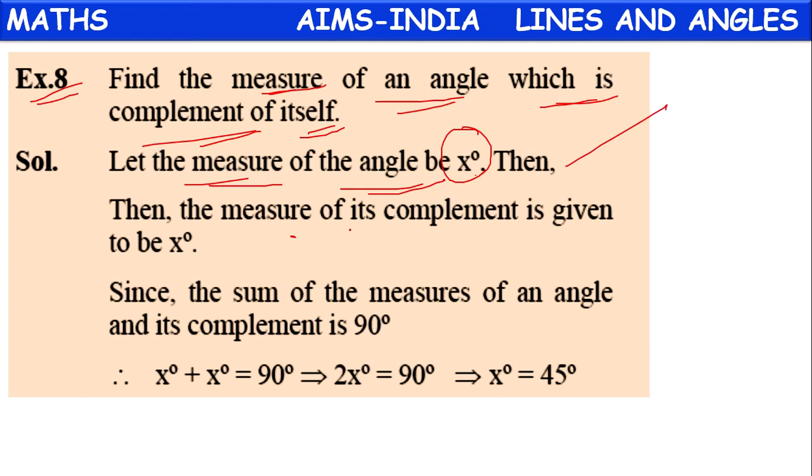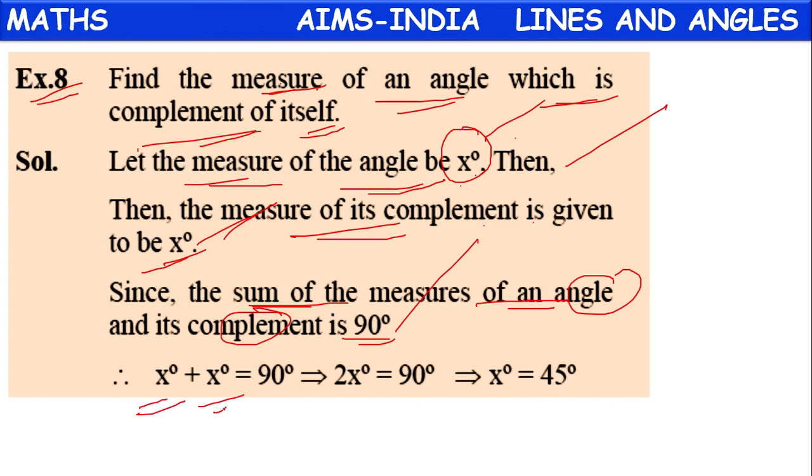So the measure of its complement is also x degrees, because the angle and its complement are the same. The sum of the measures of an angle and its complement is always 90 degrees. So x degrees plus x degrees equals 90 degrees, 2x equals 90 degrees, x equals 90 by 2, which is 45 degrees.